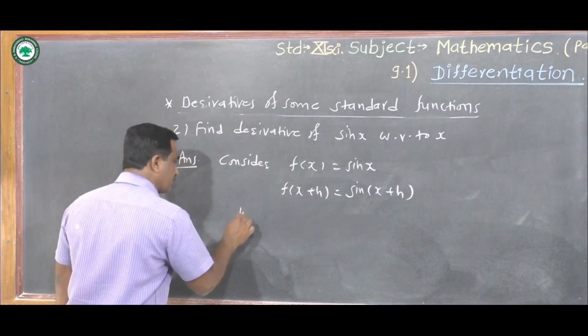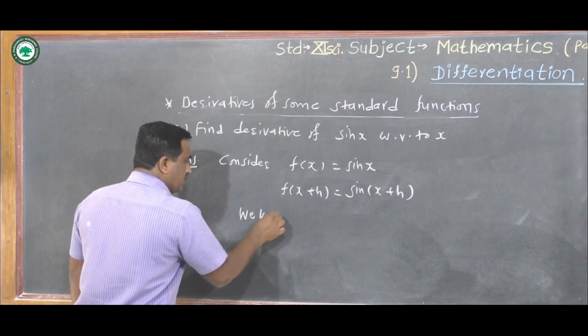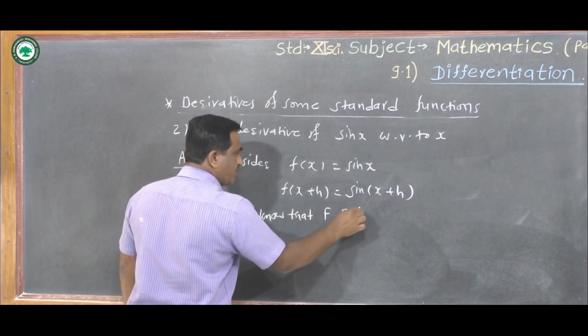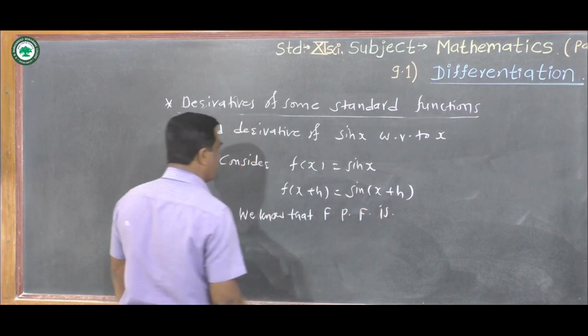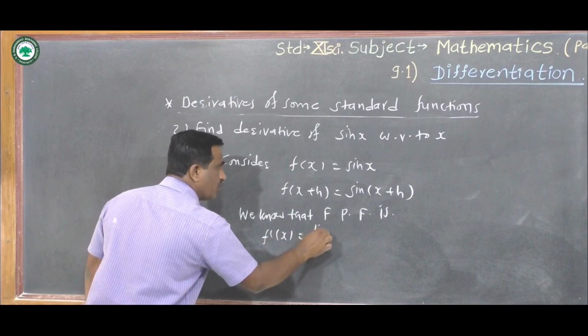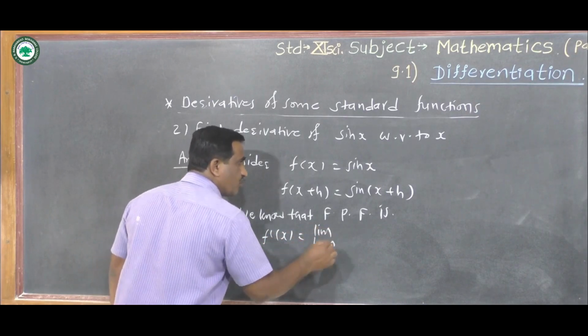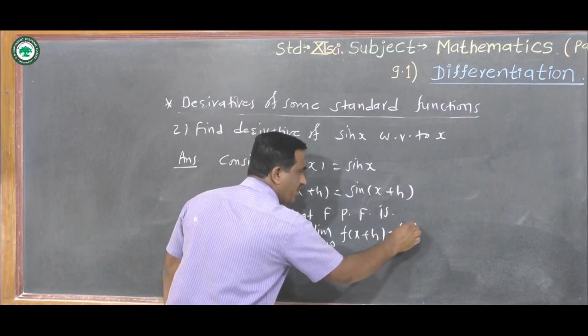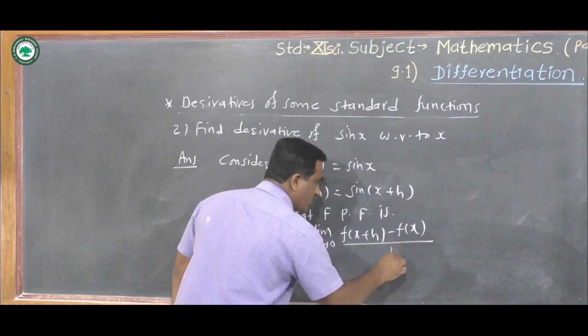Now we know that first principle formula is f dash of x is equal to limit h tends to 0, f of x plus h minus f of x upon h.